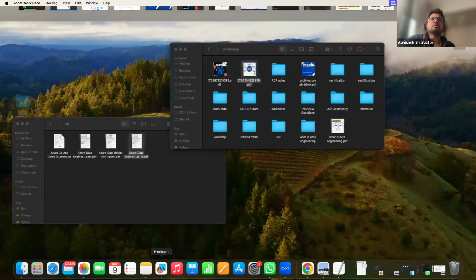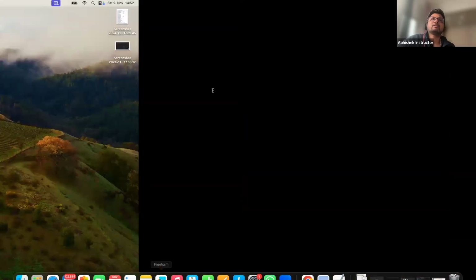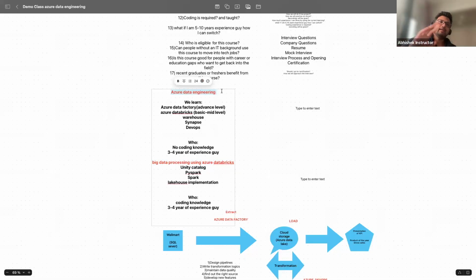If you don't know, that is why in Azure Data Engineering we don't teach any coding things. Data Factory is a no code tool. You can learn Data Factory to understand how to orchestrate the overall flow, and you can understand the basics of SQL, which will be given to you as a free thing.